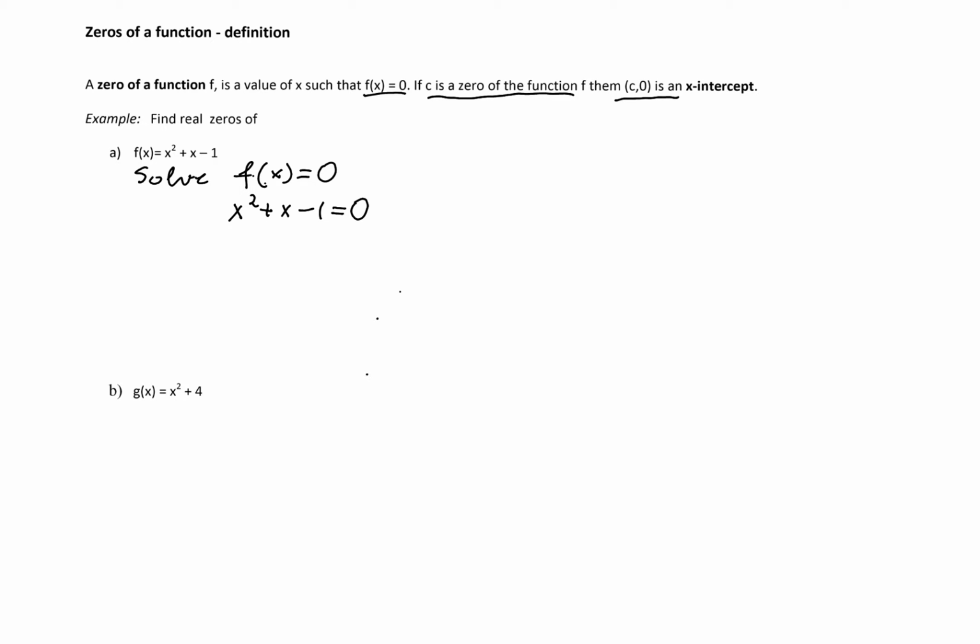Let's recall the quadratic formula. This is negative b plus or minus the square root of b squared minus 4ac, over 2a. In our case, a is equal to 1, b is equal to 1, and c is equal to negative 1.